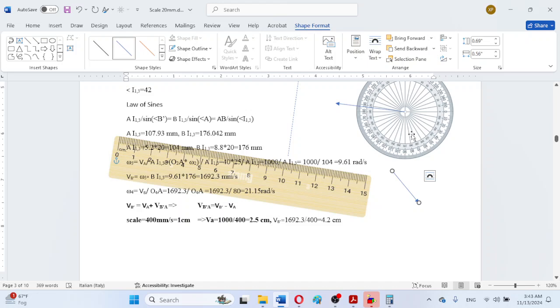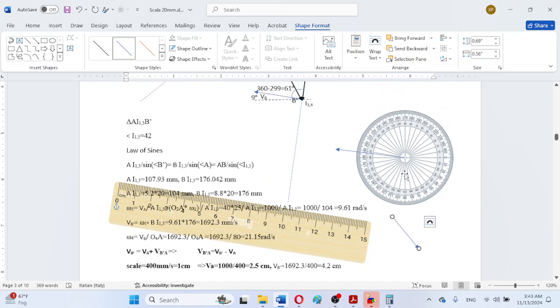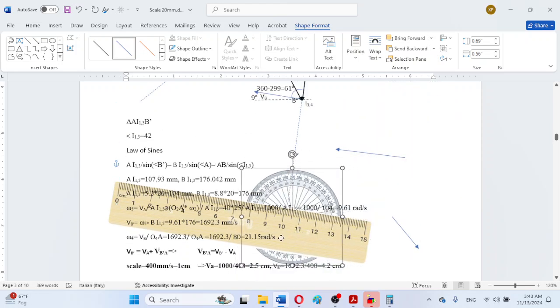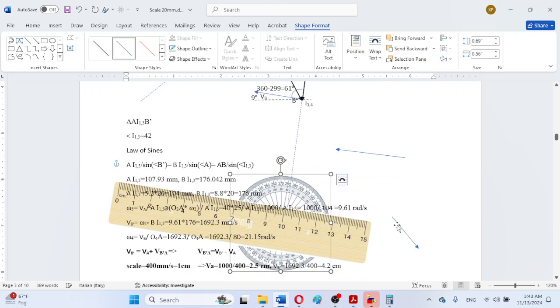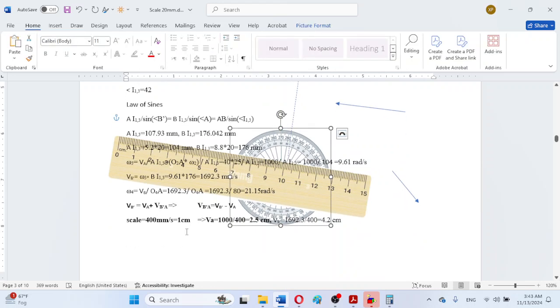So in this way, now move this protractor out, and as we can observe, the negative that will be added vectorially into vb dash a will actually be giving the resultant vb dash a.